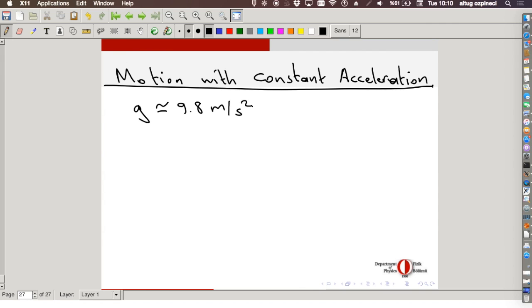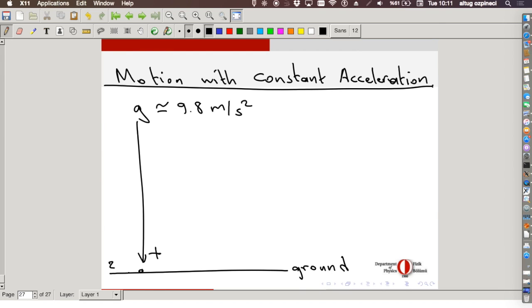Well, I will go down. Why not? I'm sure you have always chosen up as your positive direction. Now let's choose downward as the positive direction and see if I can get you even more confused. Now, this is the positive direction. So this is ground. This is, let's say, Z. What should we call this axis?